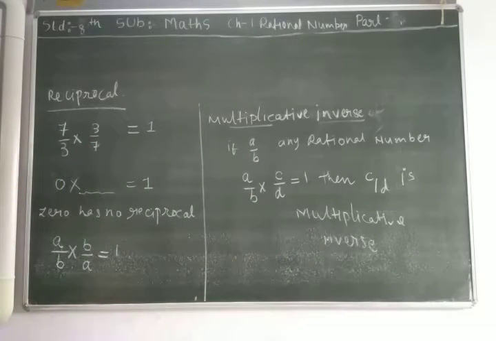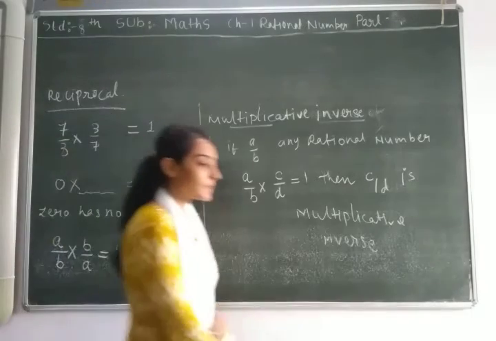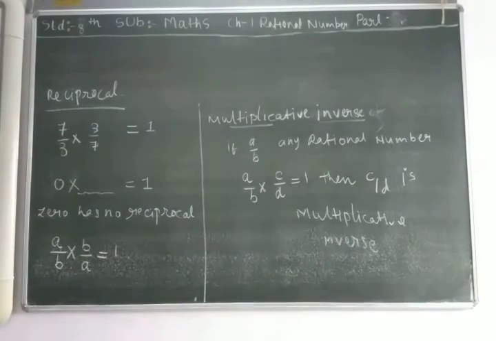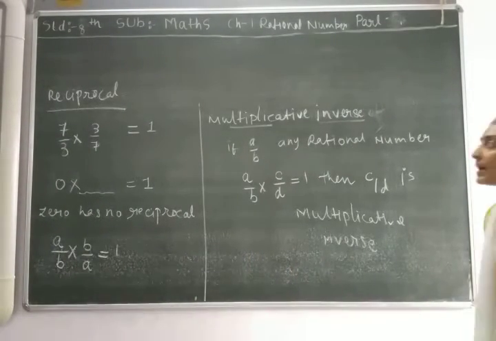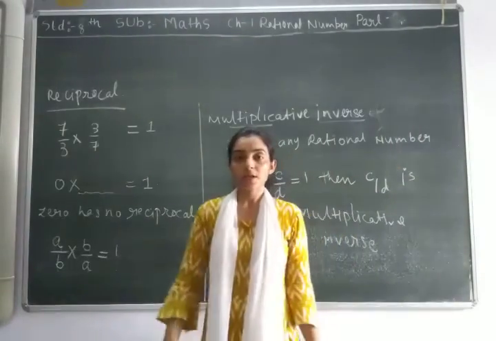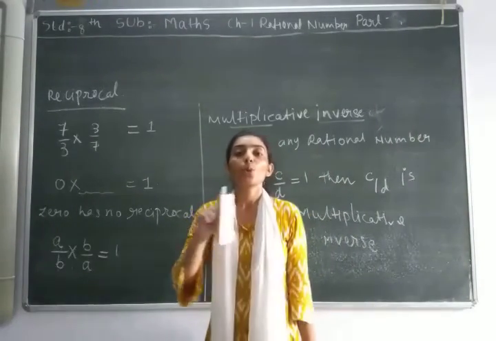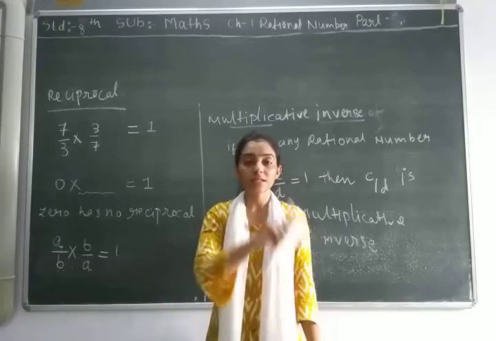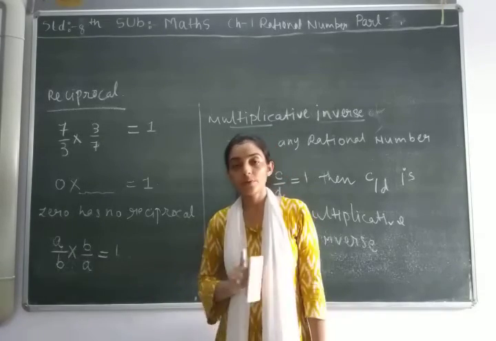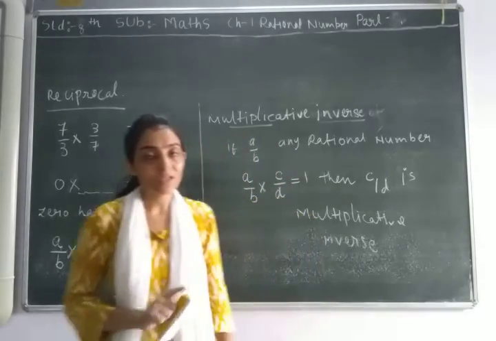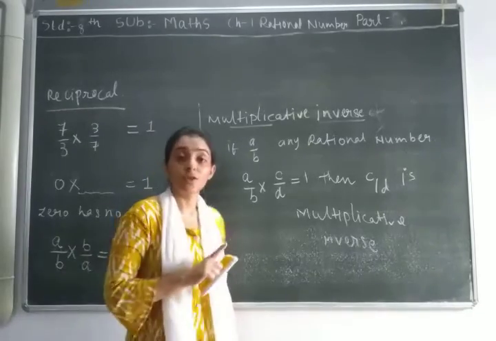Okay. See, in additive inverse, the resultant value is 0. In multiplicative inverse, the resultant value is 1. Okay. Don't get confused with identity and inverse.